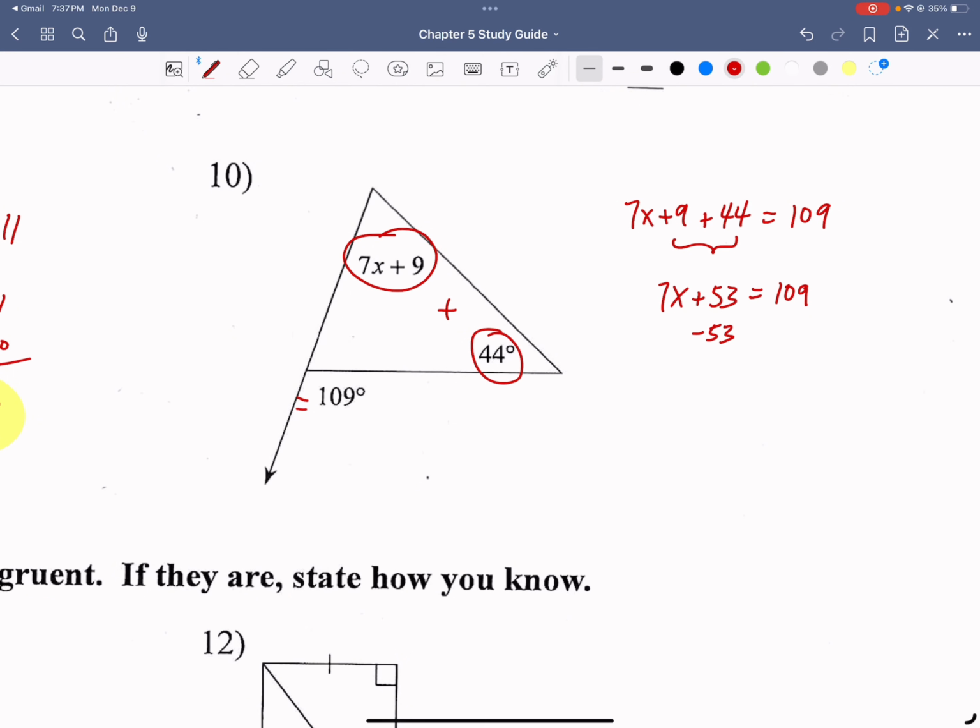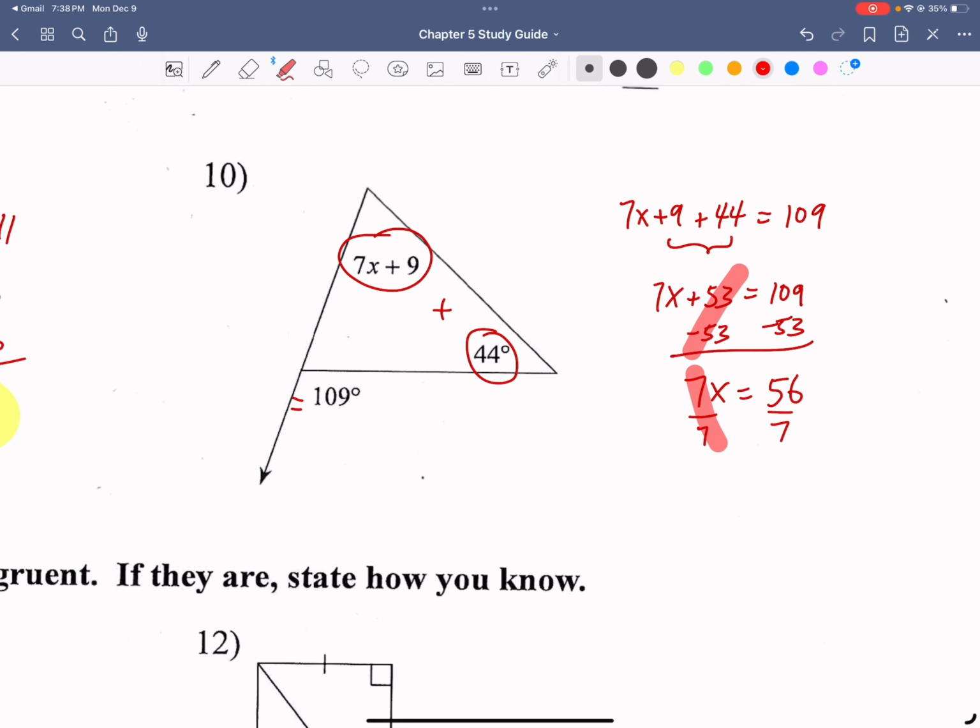Subtract 53, subtract 53. This is going to cancel. 7x is going to be equal to 56. Divide by 7, divide by 7. X is going to be equal to 8. And so that's the answer.